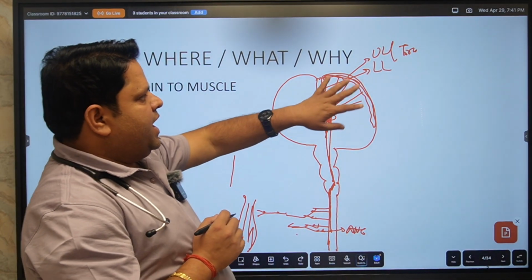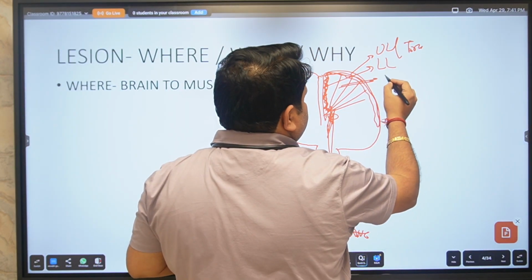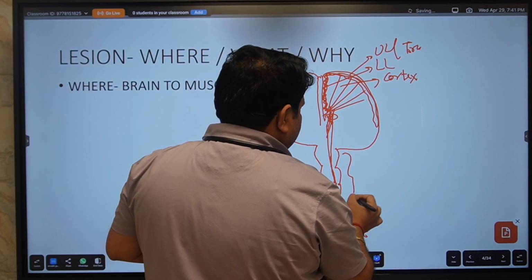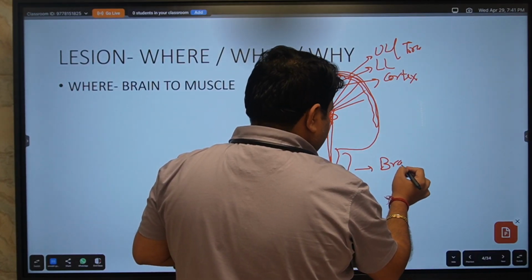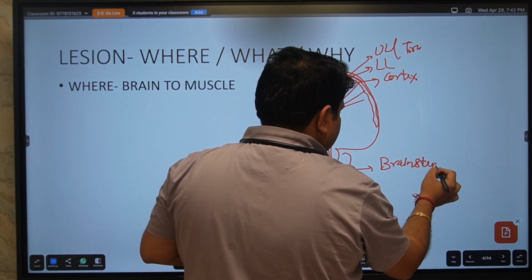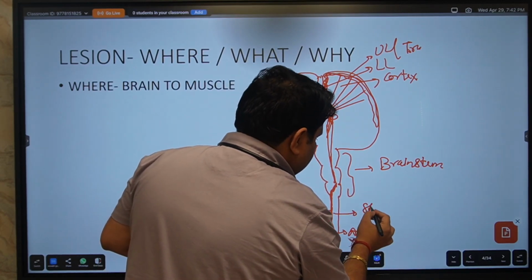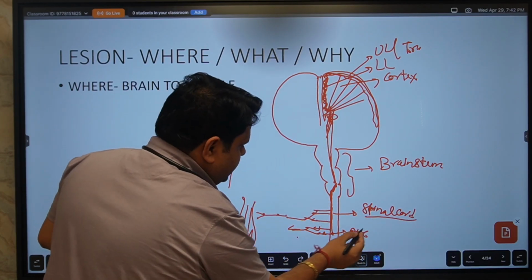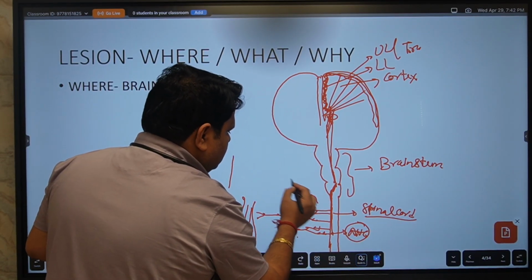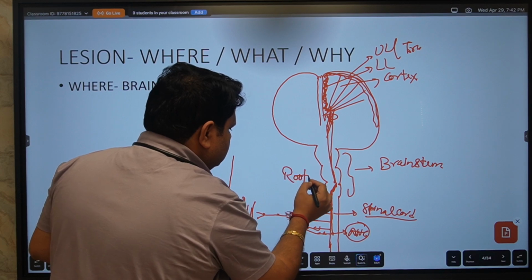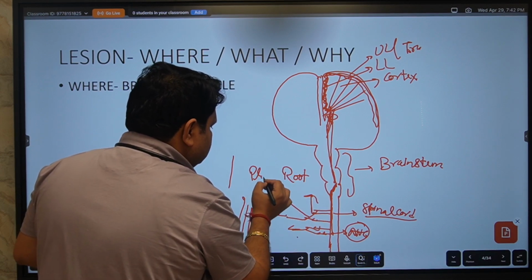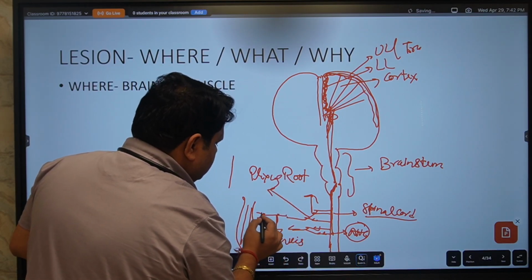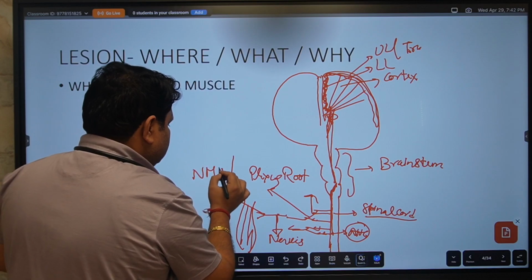So lesion from anywhere from the brain cortex, brain stem, spinal cord, anterior horn cell, root, plexus, nerves, neuromuscular junction and muscles.